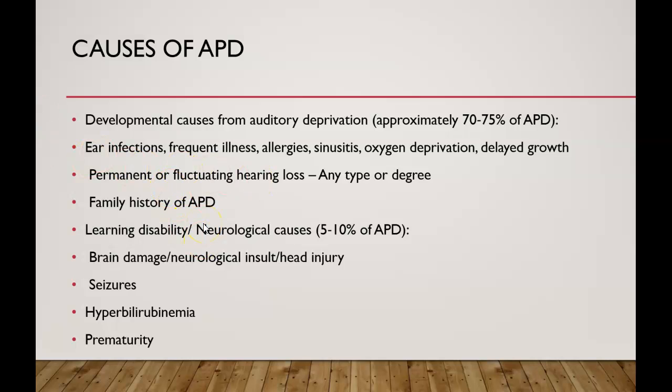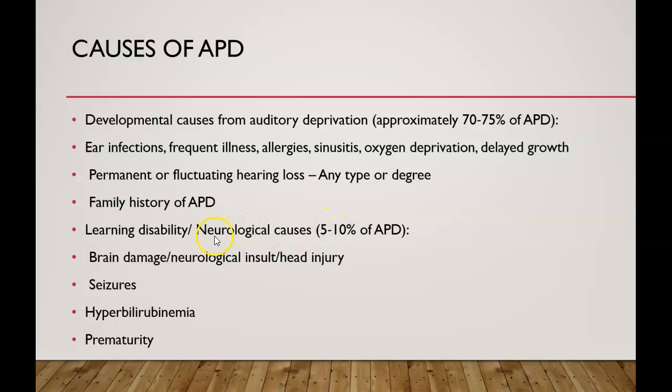We tend to see some family history of APD. Parents may have experienced auditory processing disorders when they were younger, and their children end up having auditory processing disorders. The learning disability and neurological causes.